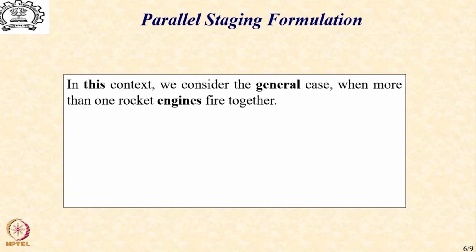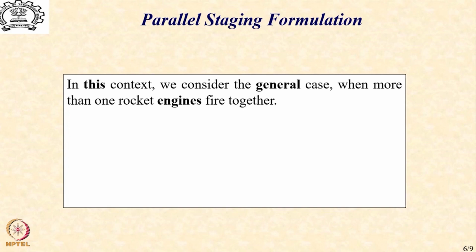So let us consider a general case where there are n rockets firing together, and let us assume that these n rockets could either be all of the zero stage, or only some of the booster stage, or all of the booster stage and the first stage together.